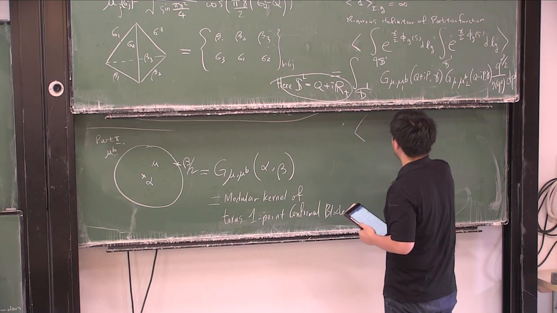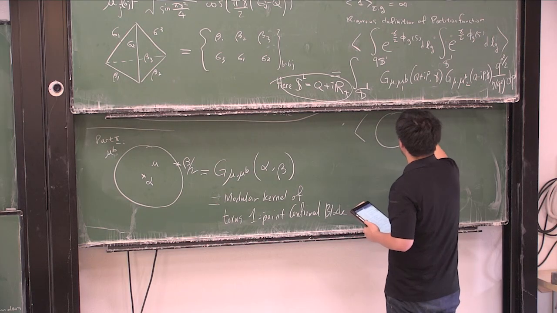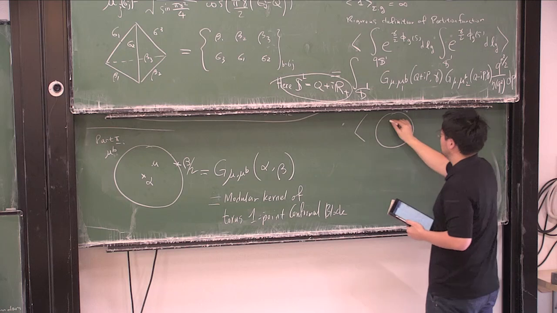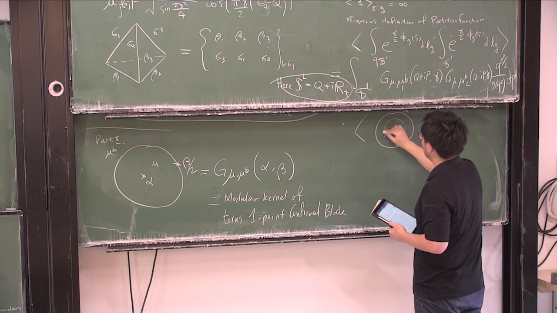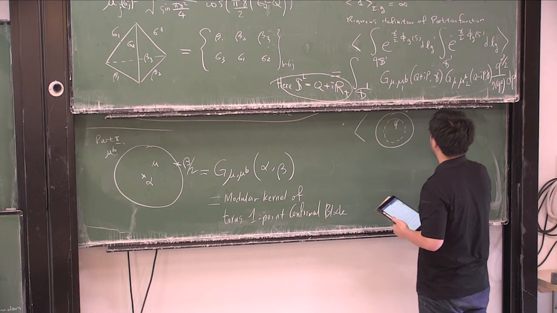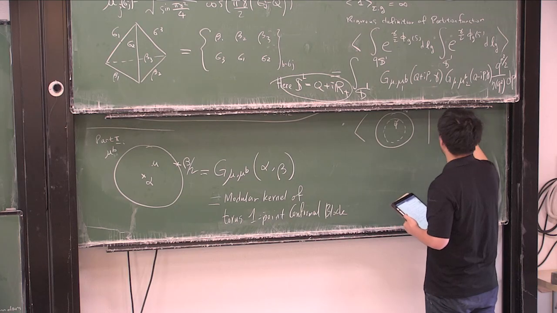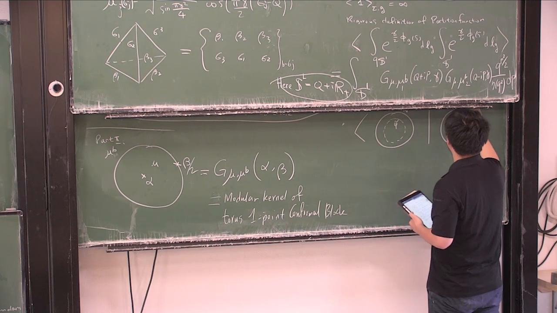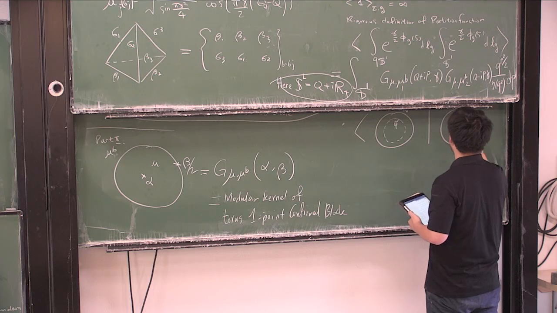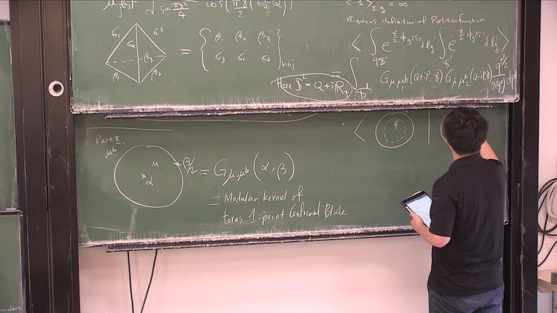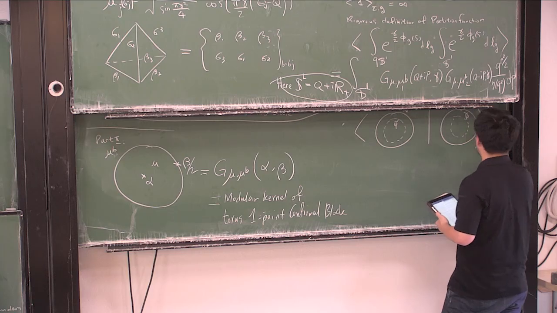You get a pairing with some boundary field here, and another one, in this Hilbert space.